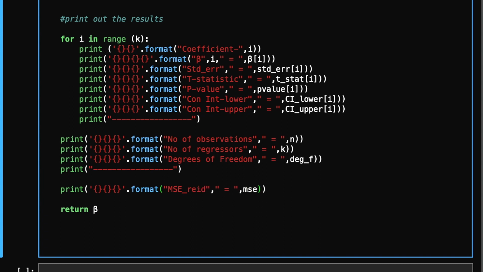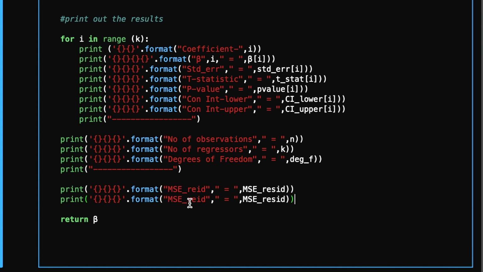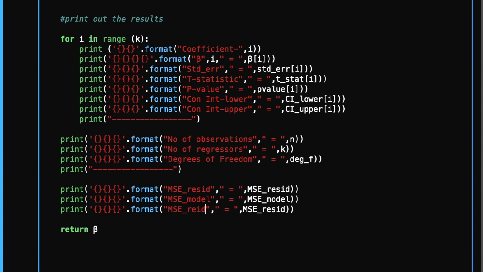This should be equal to the MSE residuals, and then the MSE of the model, and then total. Let's use a separator again.